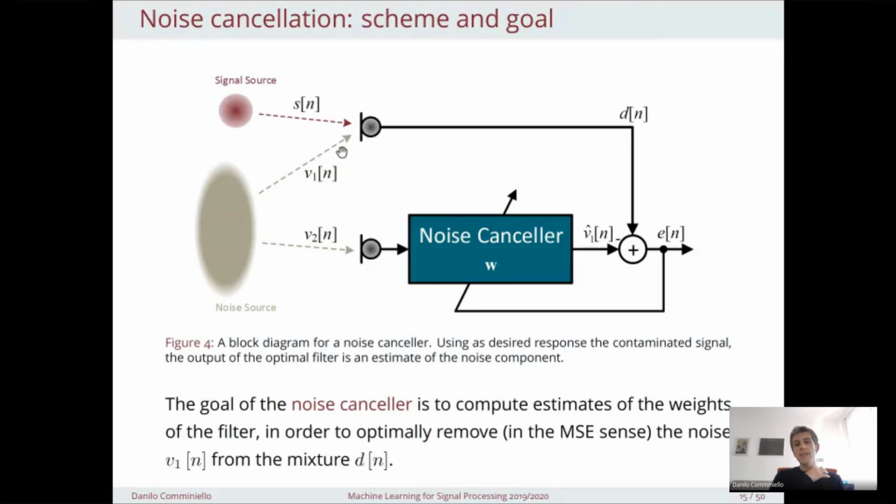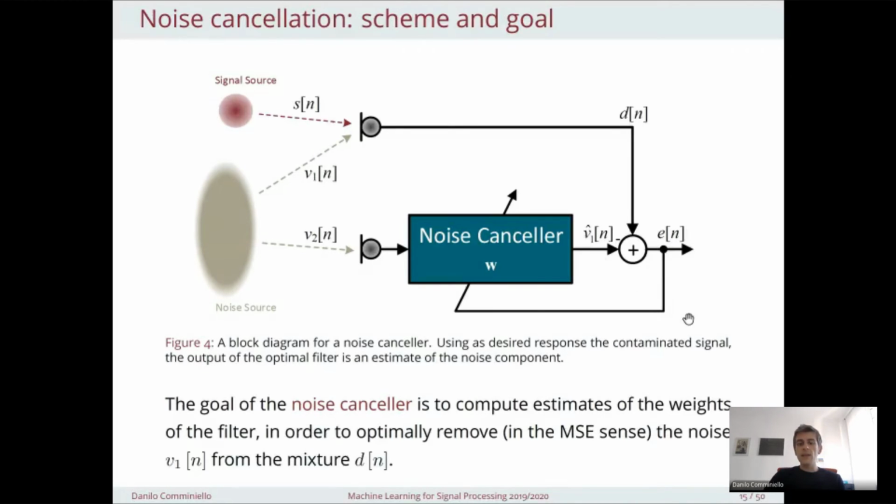You have a statistical correlation between these two signals because they are drawn from the same distribution. But based on this signal, you want to transform it into an estimation of V1, so as to remove this estimation from the microphone signal.